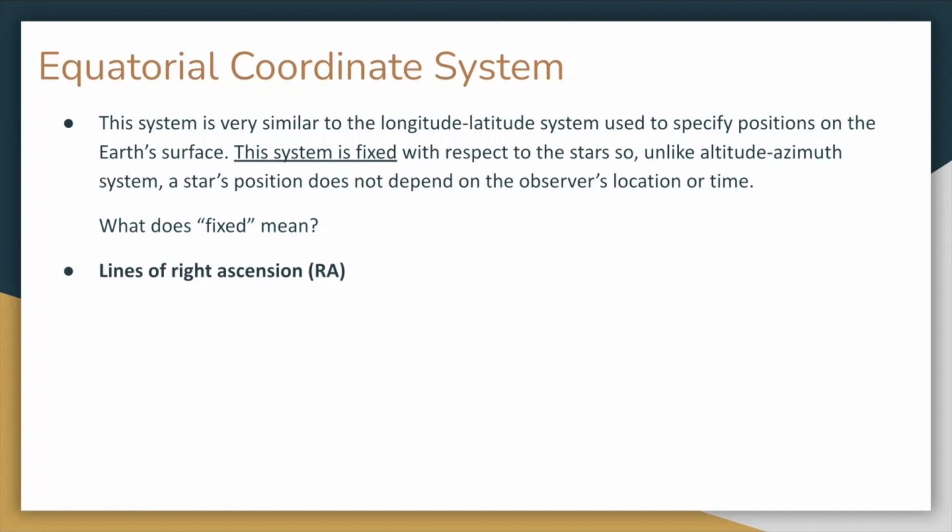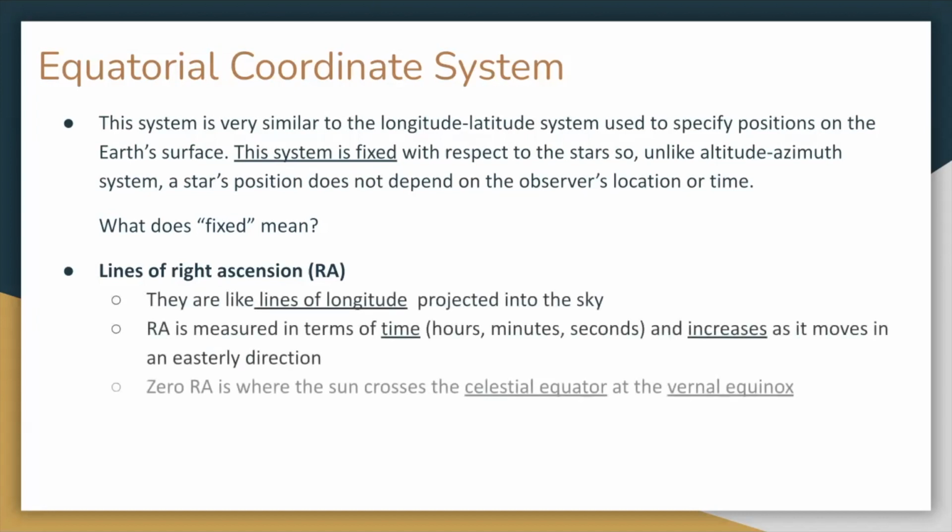There are two types of coordinates with the equatorial system. There are lines of right ascension, commonly referred to as RA, and there are also lines of declination. We're going to talk about right ascension first. Lines of right ascension are like your longitude lines on Earth.